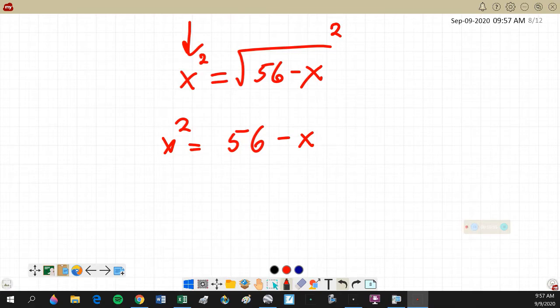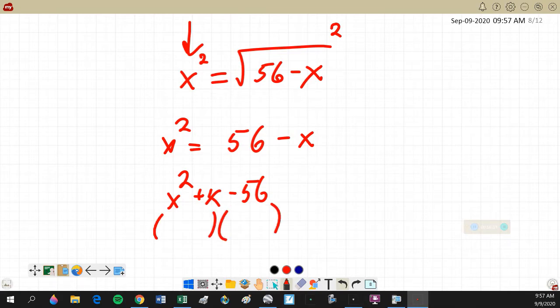This is a quadratic, so I actually want to move everything to the left side. X squared plus x minus 56. How does that factor? X plus 8, x minus 7. So my roots are -8 and 7.